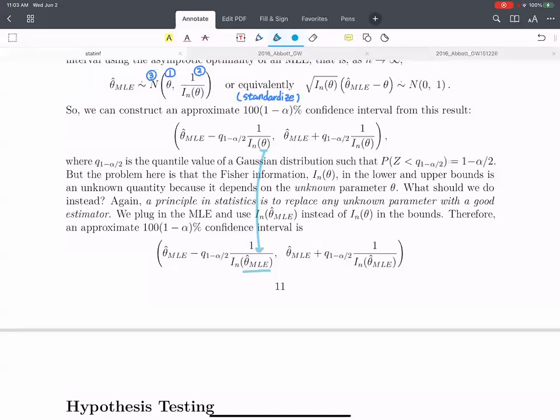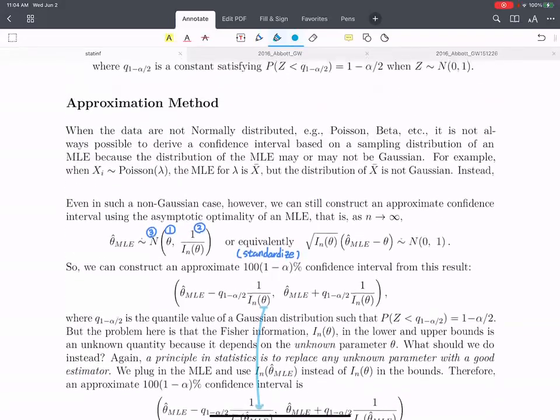Is this statement correct: the uncertainty in the sigma estimator is contributing to the uncertainty of mu? Yeah, that's exactly right.